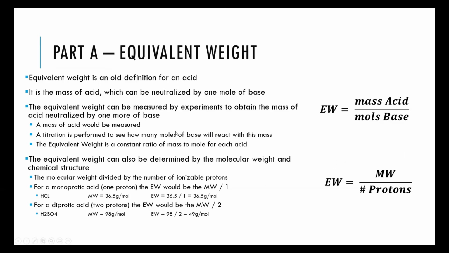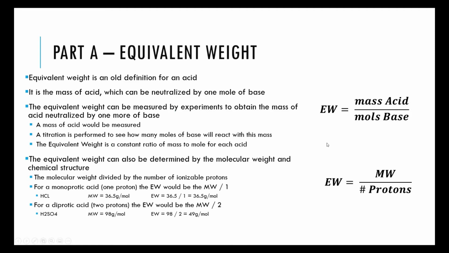So there are a couple of ways you can calculate the equivalent weight. One is from the measurement itself. You're going to weigh an amount of an acid sample and then perform a titration. At the stoichiometric point, the indicator will change color, and you can determine how many moles of base were used to react with that mass of the acid.